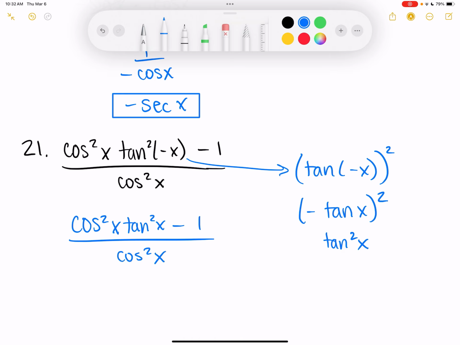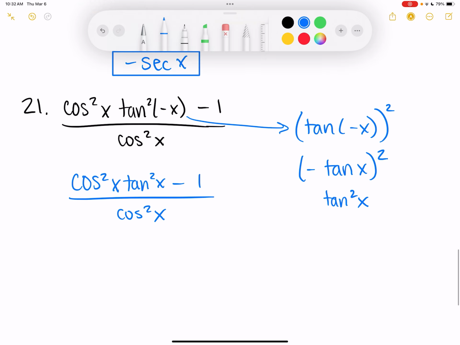Now, I've got cosine, which I can't really rewrite, but can I rewrite tangent in terms of something that deals with cosine to see if something will cancel? Sine over cosine, and they're going to be squared. So cosine squared x times sine squared x over cosine squared x minus 1. I'm going to do this because I don't want us to get confused.